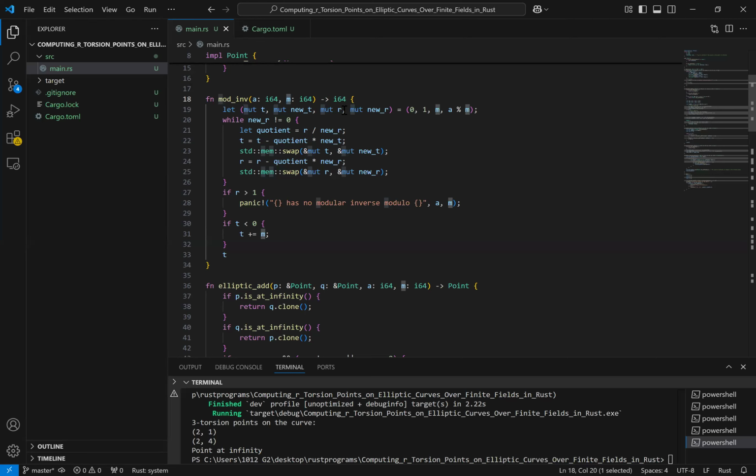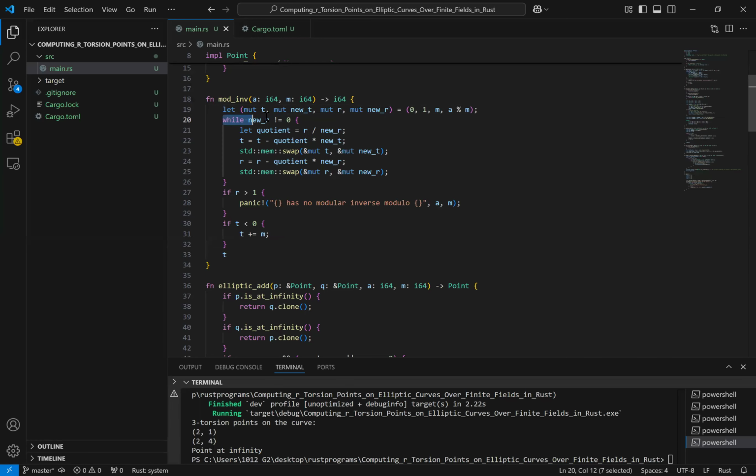So we also make new r be a, the remainder of a division by m. Initially, let t be 0, let new t be 1, let r be m, and let new r be a.